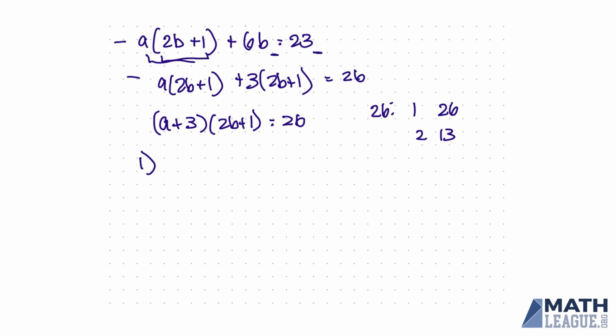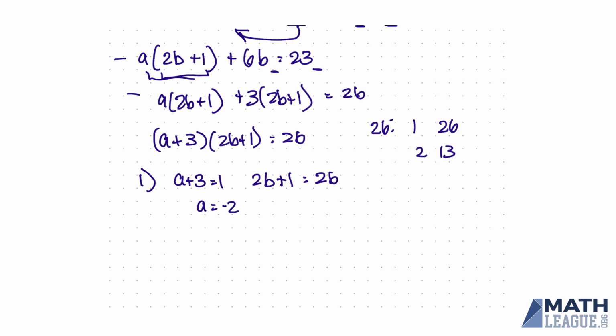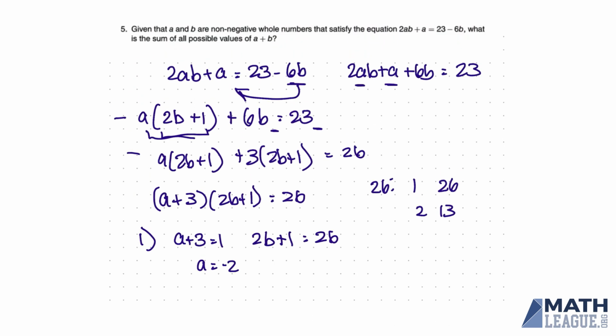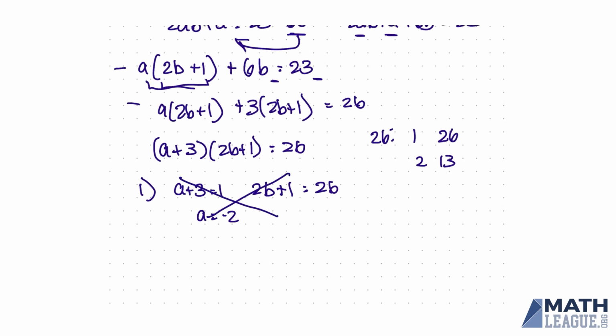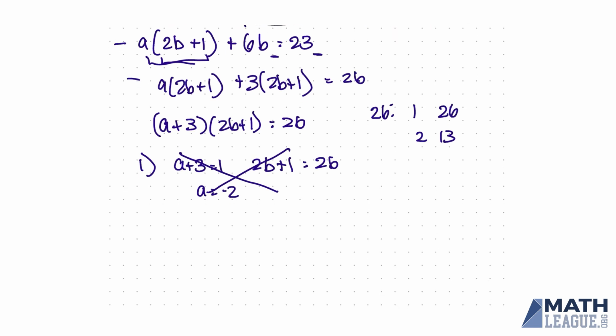So now we have all of the factors that we are considering, and let's make a few cases. Case 1 is a plus 3 equals 1, and 2b plus 1 equals 26. If a plus 3 equals 1, that gives us a equals -2. But again, the question tells us that a and b are both non-negative whole numbers, so we will not be considering this case because that violates the rule that the question gave us. So let's go on to our second case.